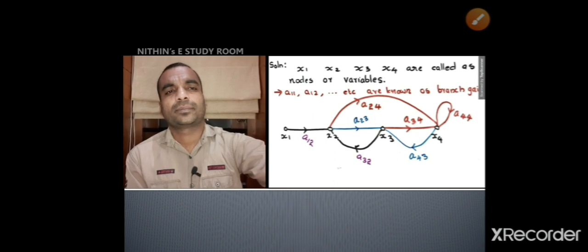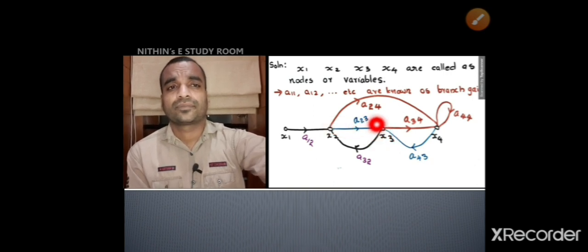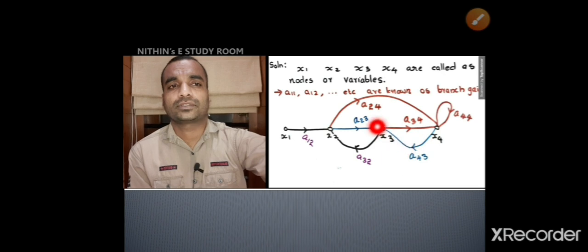Everybody please listen. What is the equation of x3 from this signal flow graph? So you have to check which are the arrow marks coming towards x3. One is this, x2 into a23, and there is also one more arrow mark coming from x4, and that is x4 into a43.